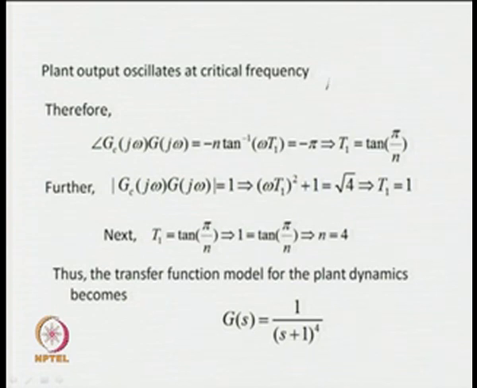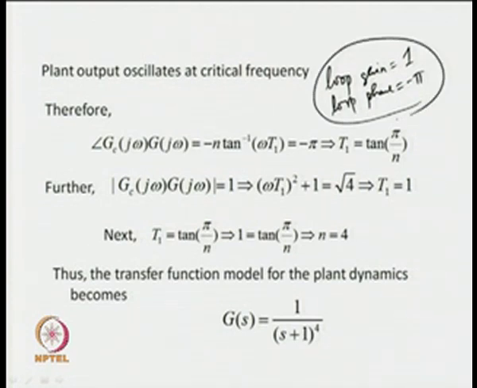So, using that, the loop gain is equal to 1 and loop phase is equal to minus pi. Using these two pieces of information, it is not difficult to write the expression for loop phase given by angle G_C(j omega) G(j omega) is equal to minus n tan inverse omega T1.